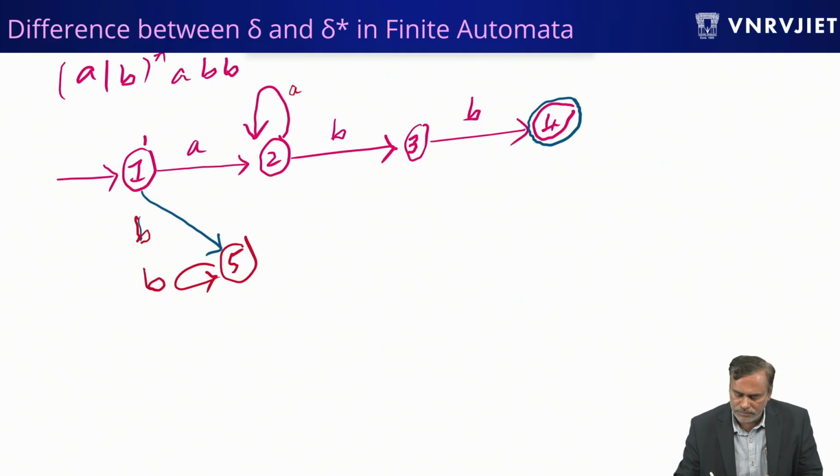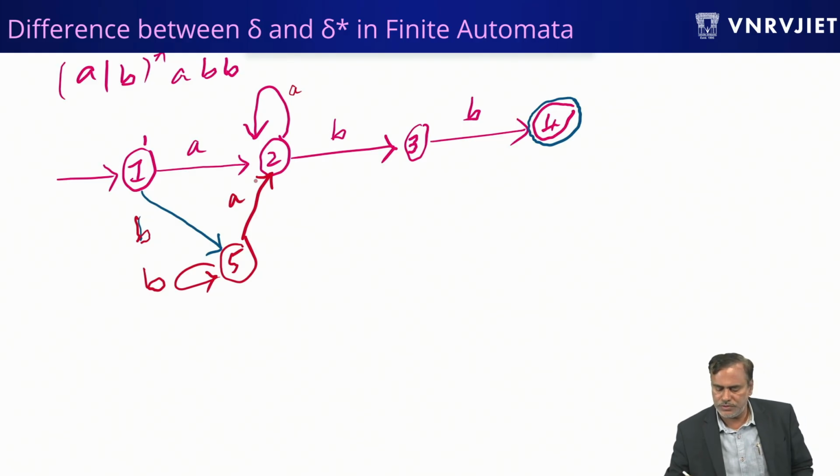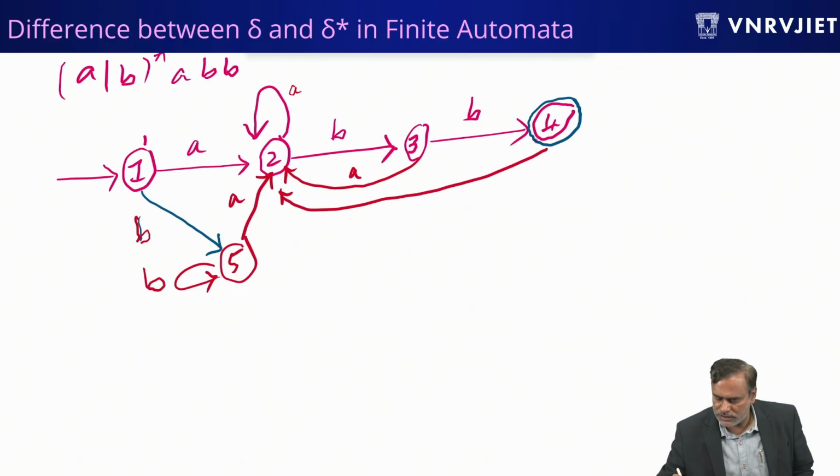On B, you can go to state 5 itself. On reading A from this state, you can go to state 2. From 3 and 4, you don't have transitions on input A. So if you come across A from these states, you can give a transition to state 2.